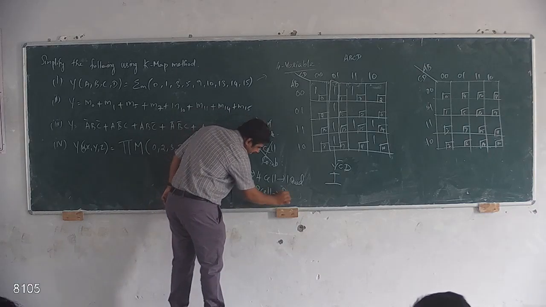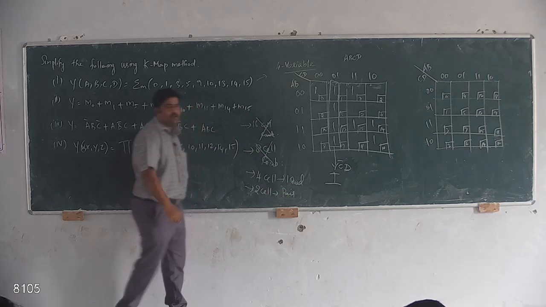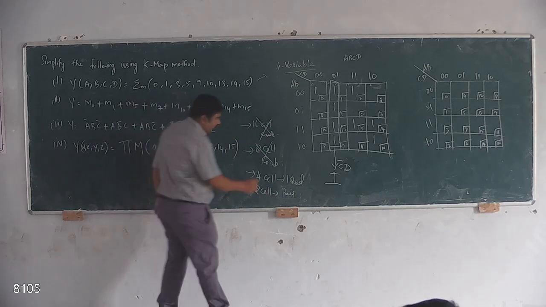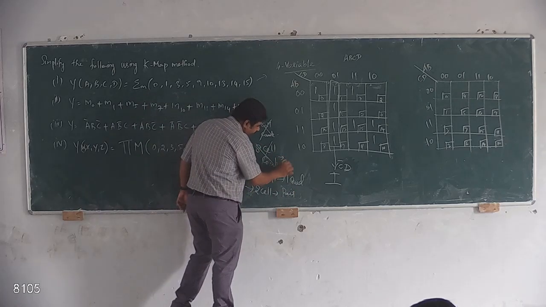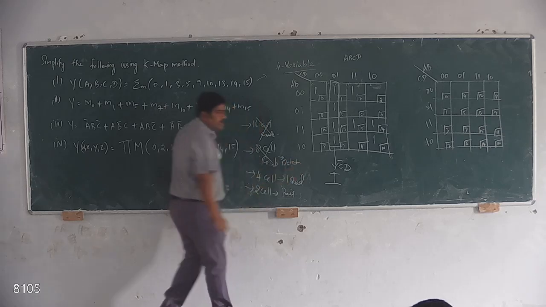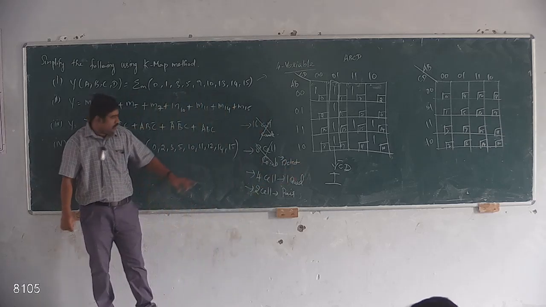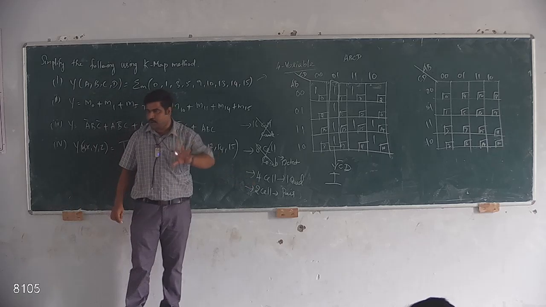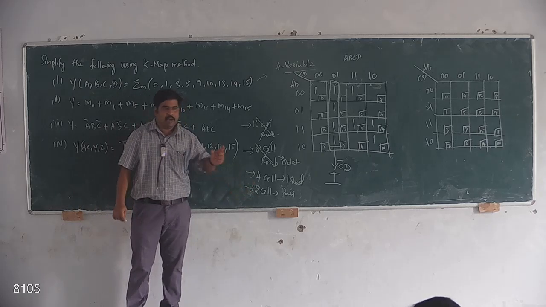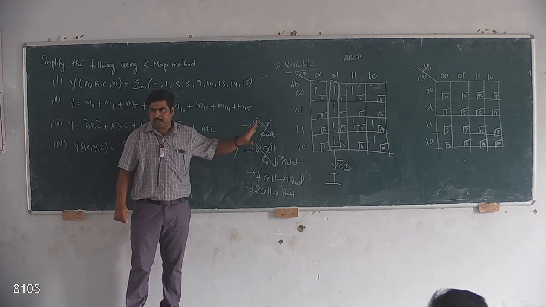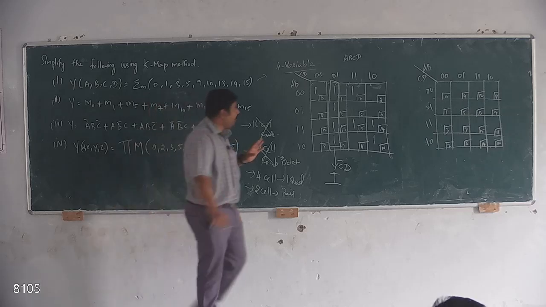We will call a 2 cell combination a pair. 8 cell we will call an octet. 4 cell we will call a quad. 2 cell we will call a pair. How many pairs are available in this K-map?